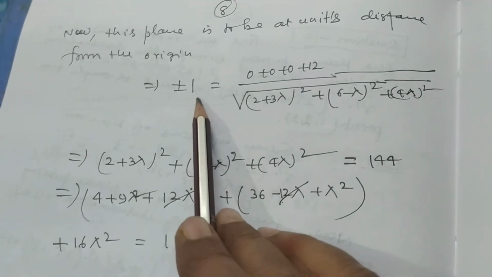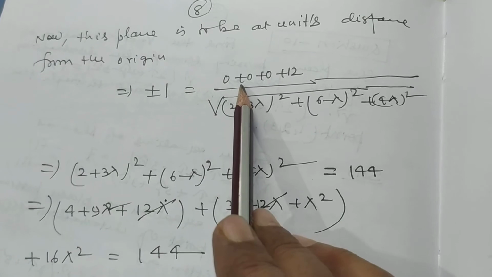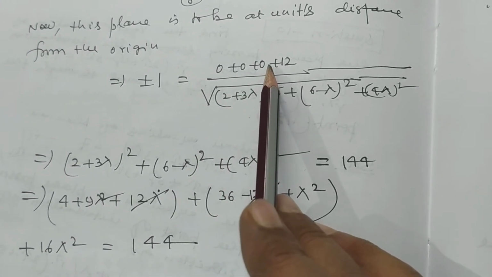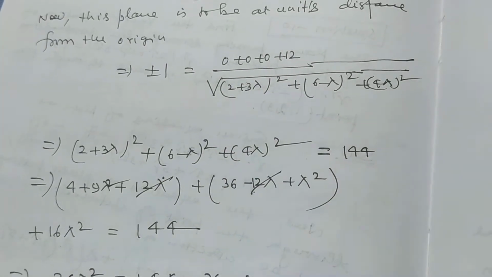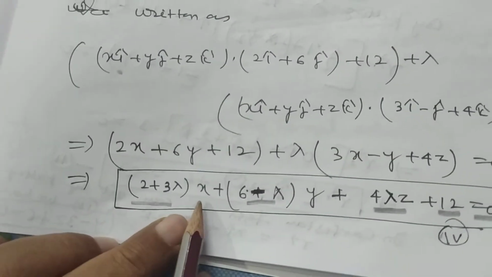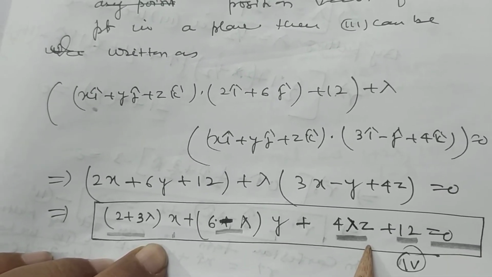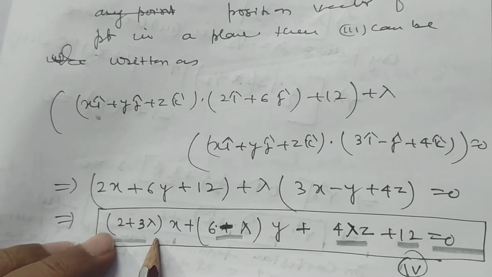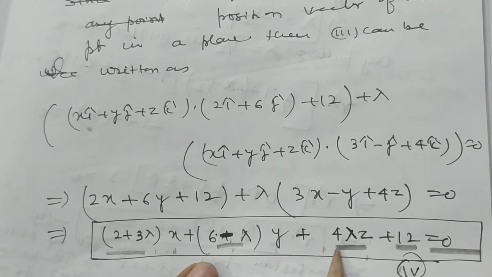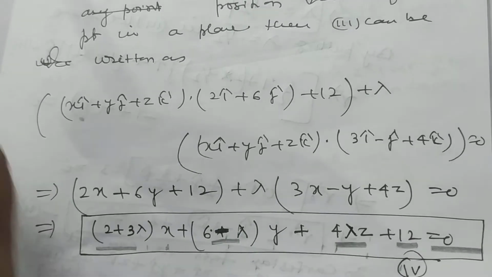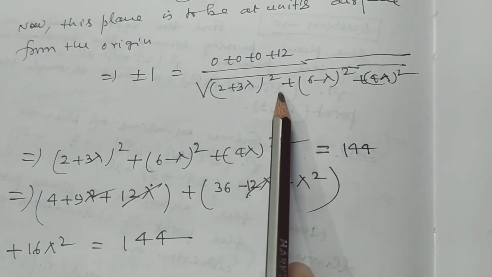You already know how you get the length of the perpendicular drawn from an external point to the plane. Put x = 0, y = 0 and z = 0 in the original equation of the plane, and divide by the square root of coefficient of x squared plus coefficient of y squared plus coefficient of z squared. In this way, this will give you the distance from origin to the plane.